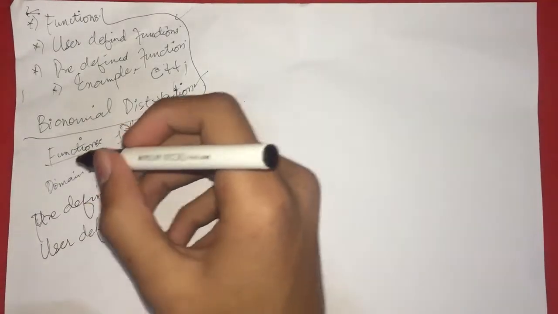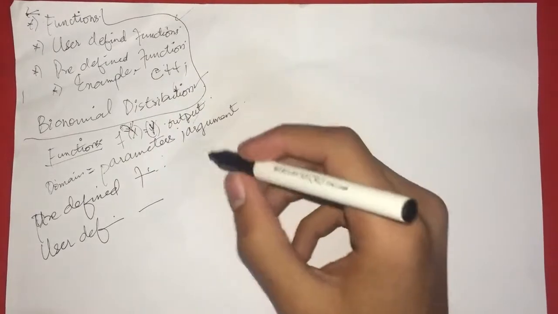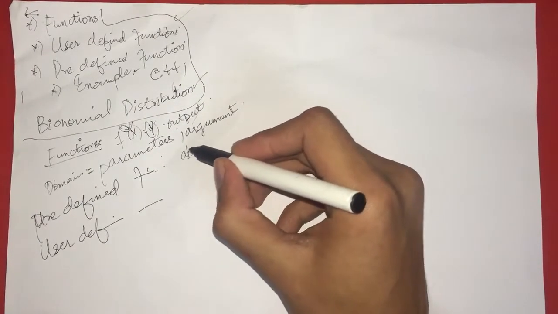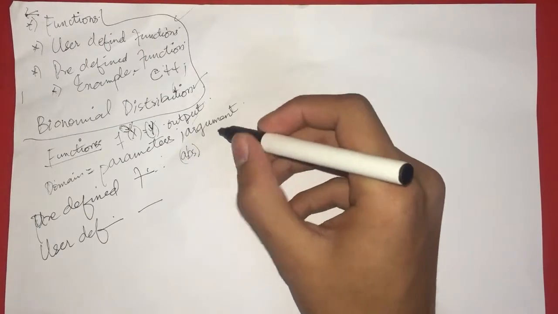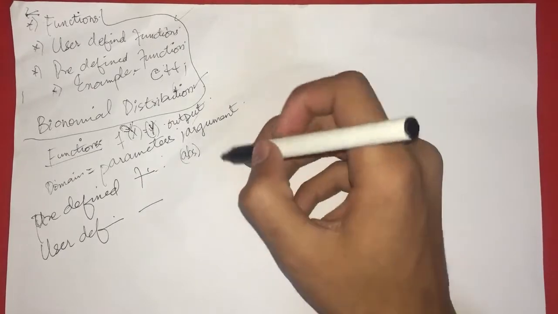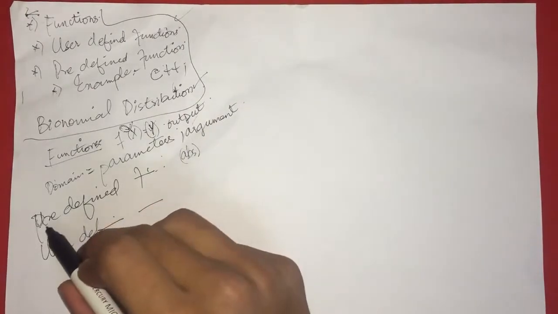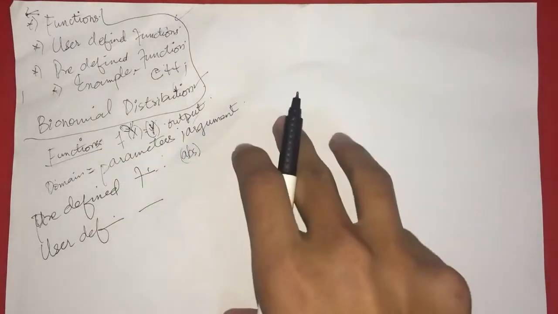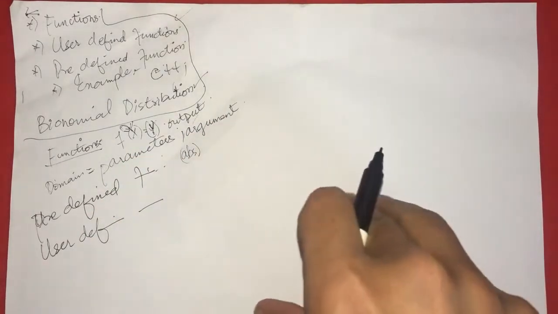Predefined functions are already made functions, which the developers knew that people were going to need, and these are the most common functions used. For example, finding the absolute value or finding the power. Let me give you some examples of predefined functions. The developers knew that we are going to use these functions more often.